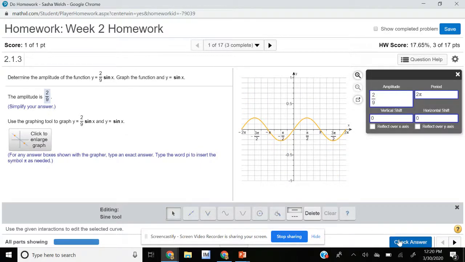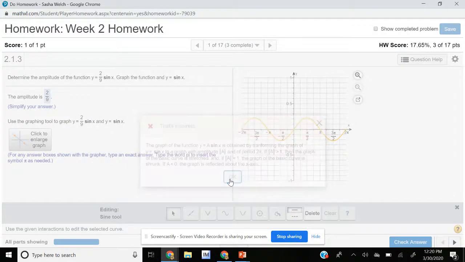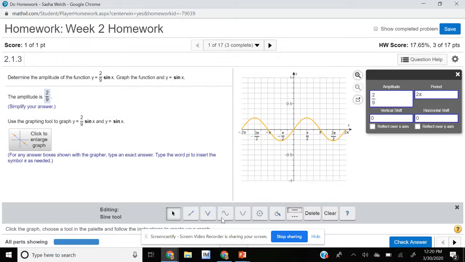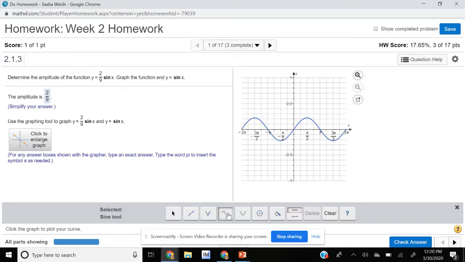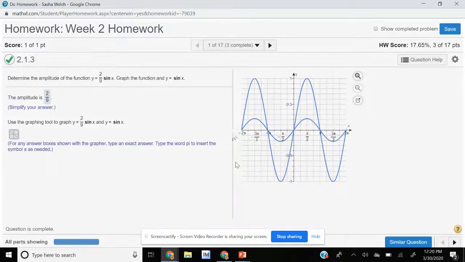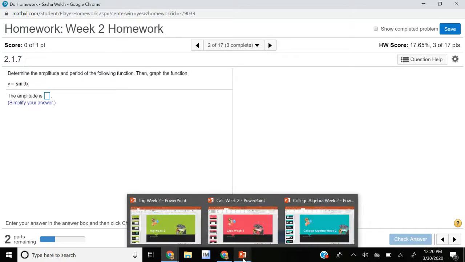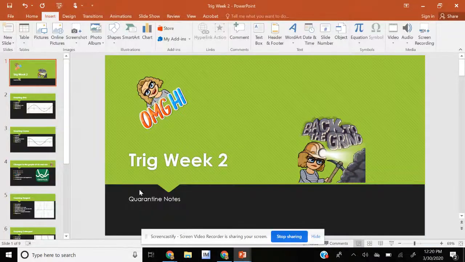Feeling good. You check your answer and it says you're wrong because it wants you to also graph the regular sine. All you have to do is hit the sine, put it on there, and then check your answer. I don't know why it wants both. It's just the way it is. Sorry about it. I don't make the math lab rules. So you should be good to go.